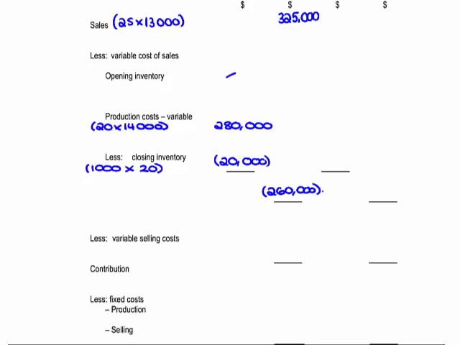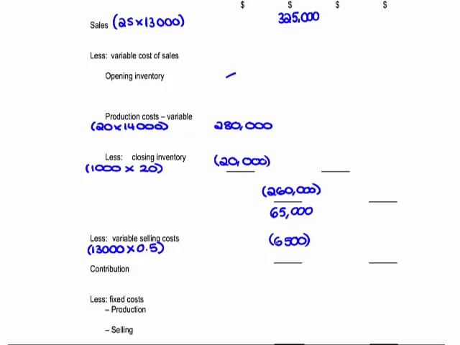We need to take that away from the sales, and that's going to give us 65,000. But before we get down to the contribution figure, we need to take off the variable selling costs, and these are based on the number of units sold, which in this case was 13,000, and they were 50 cents each. So that's $6,500 of variable selling costs.